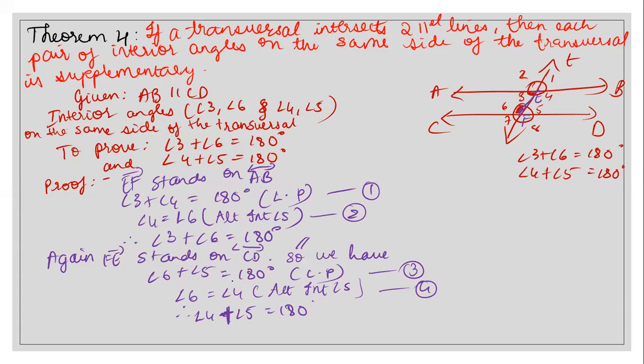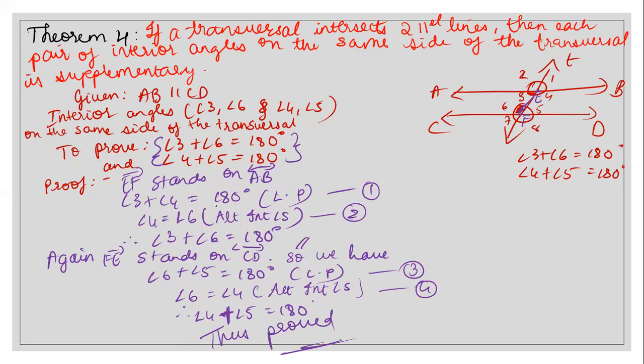Fine. Understood till here. So now we have proved that angle 3 plus angle 6 is equal to 180 degrees, and angle 4 plus angle 5 is equal to 180 degrees. And that's exactly what we have been told to do, correct? So thus we have proved.